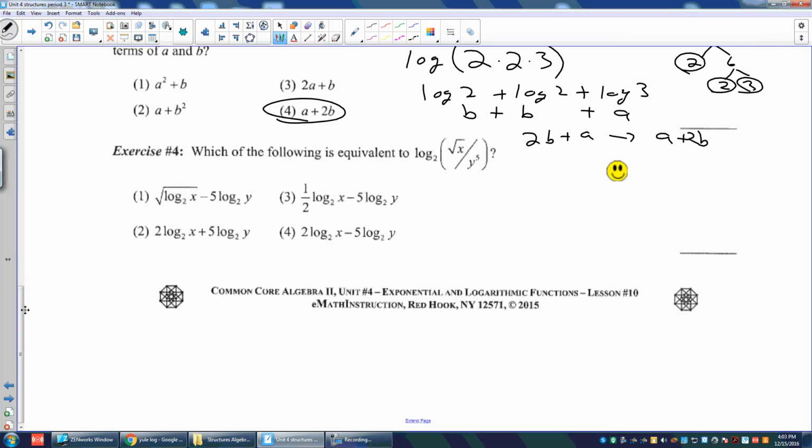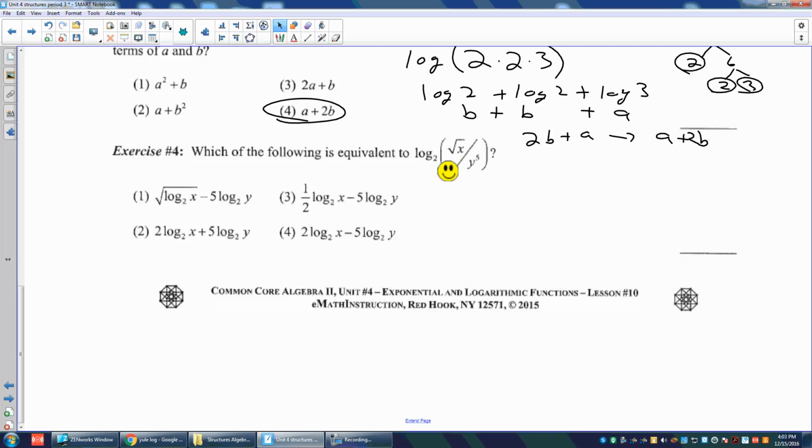Which of the following is equivalent to log base 2 of all of that? Now, I'm wondering why they have log base 2 there when I don't have anything squared here. Oh, wait. Square root. That sounds like square.